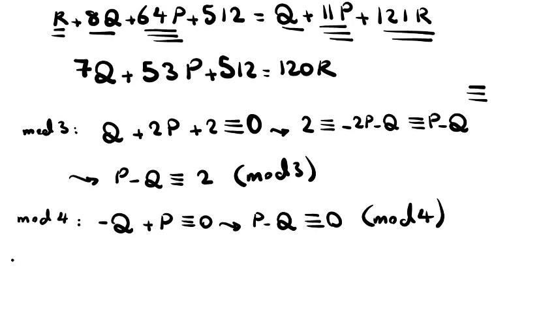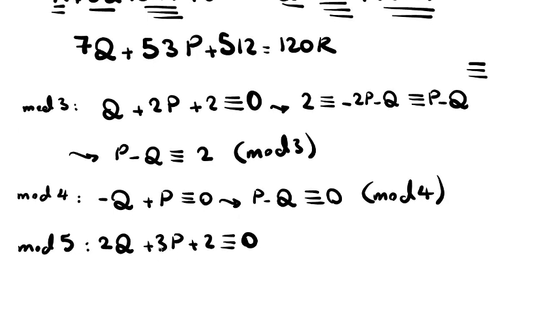The next mod we consider is mod 5. Here it is 2Q plus 3P plus 2 is congruent to 0. Okay, if I want to change 2Q to negative 2Q, you can say this is negative 3P and take it to the right hand side.